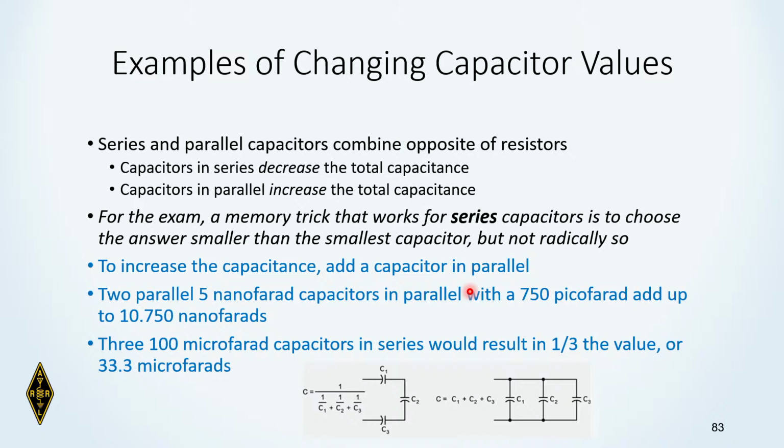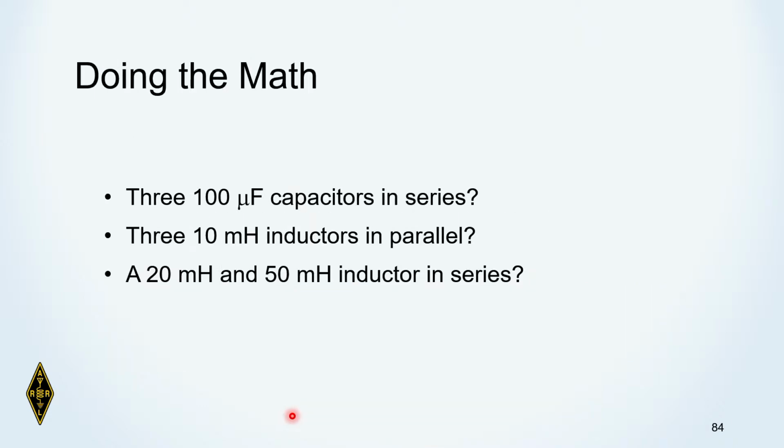3 100 microfarad capacitors in series would result in 1/3 of the value, or 33.3 microfarads. Remember, capacitors in series decrease in value. So here's just a few more you can think about.